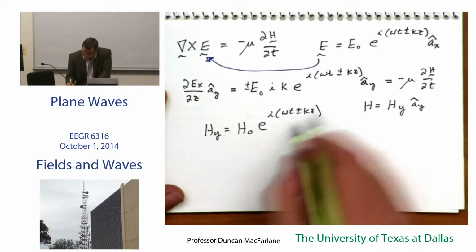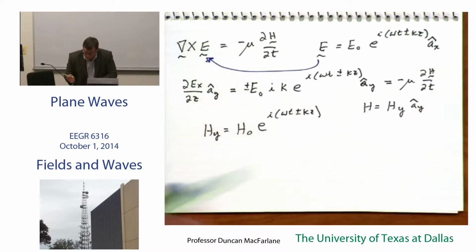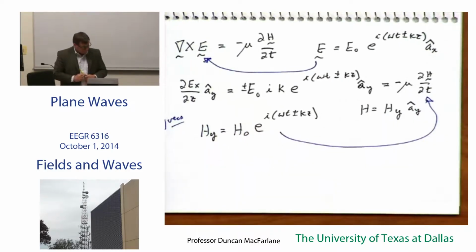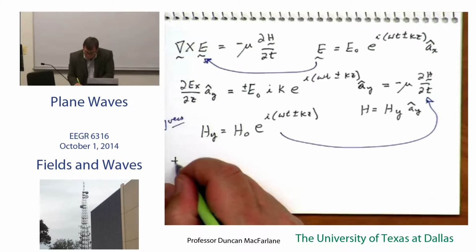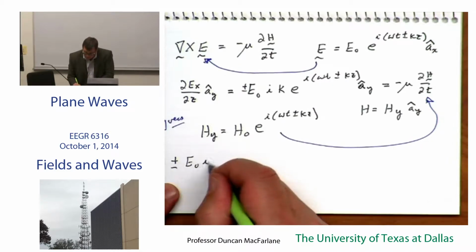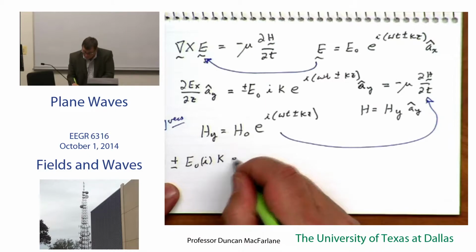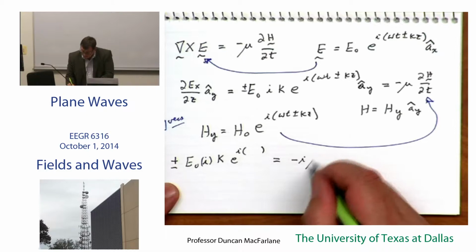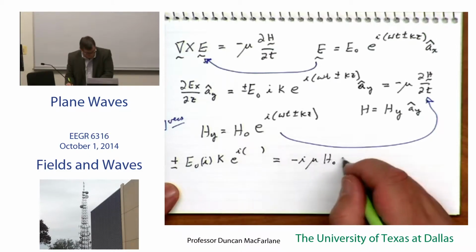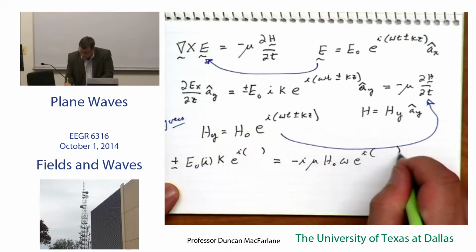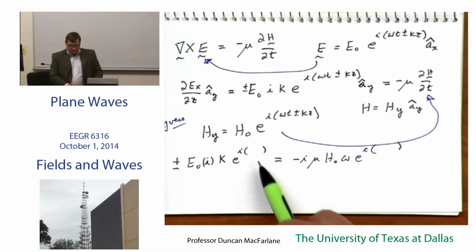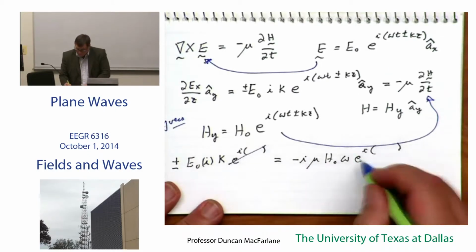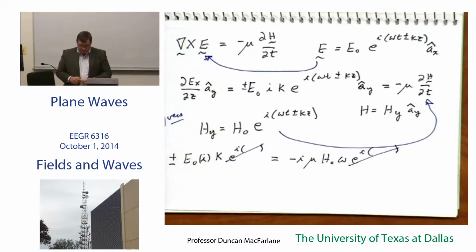So now if I substitute this guy into there, don't forget on your notes to fill in the omega t plus or minus kz there. Cancel those exponents out.